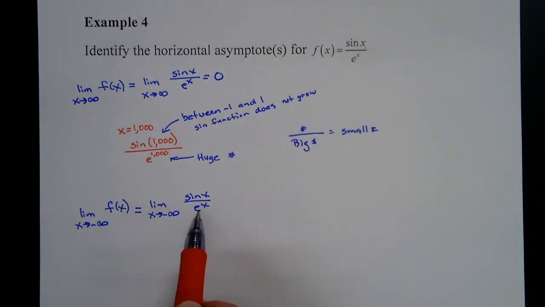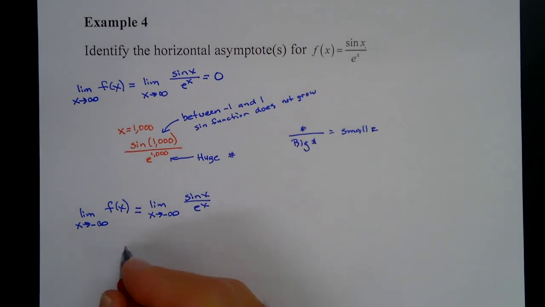And remember, one side of e grows huge and the other side gets closer and closer to 0. So let's try x equal to negative 1,000. So this would be sine of negative 1,000 over e to the negative 1,000.